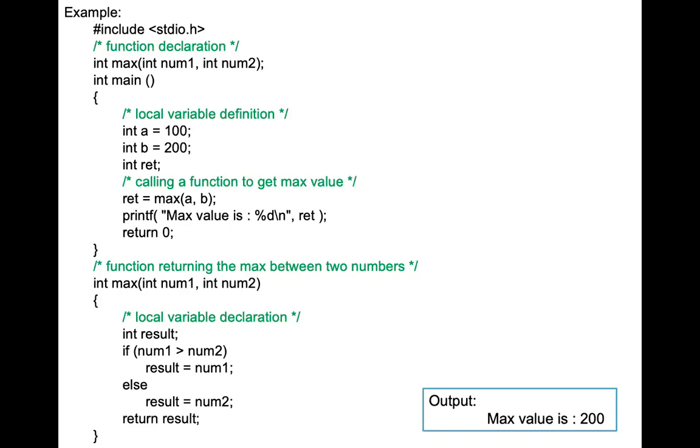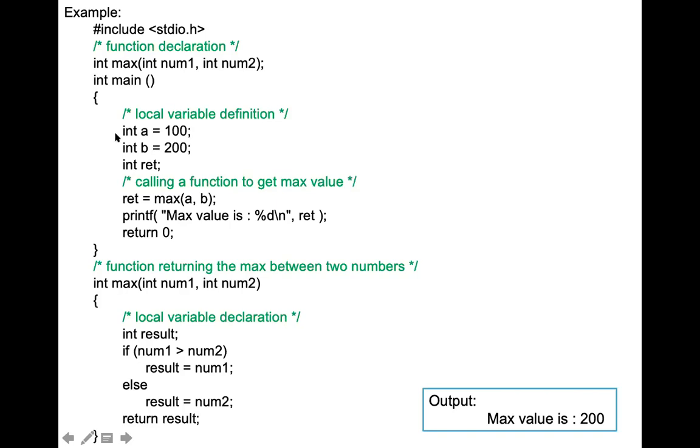Yes. So sir, declaration should be before calling the function, no? Yes, before calling the function. This declaration you can even put into the main function. The first line of your main function can be int max, int num1, comma int num2. That is known as a local declaration. If this declaration is inside main, it is called a local declaration. It means that max is only known by the main function.